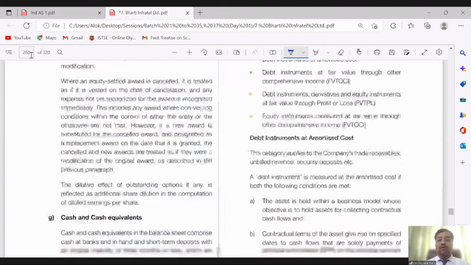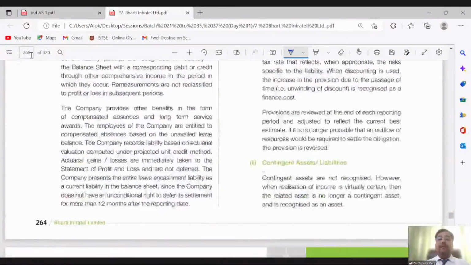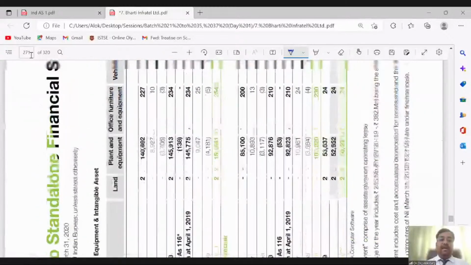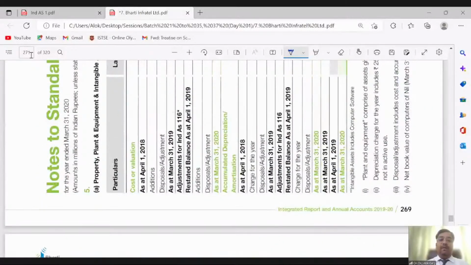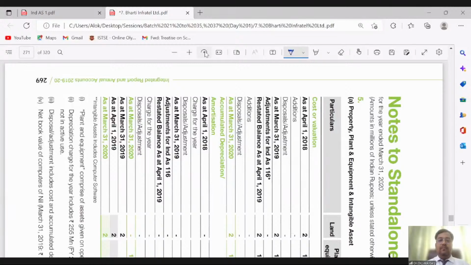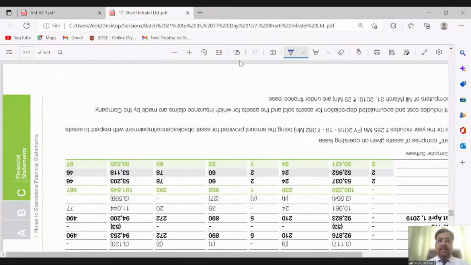So in the notes to accounts, this company has given a breakup of property, plant and equipment. I hope my screen is visible, guys.